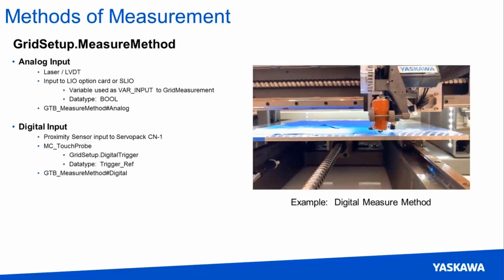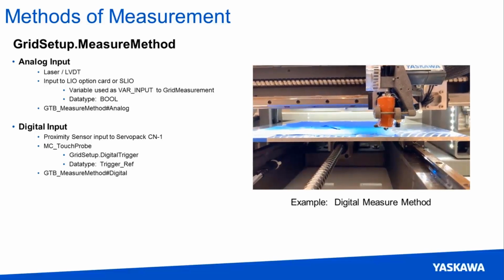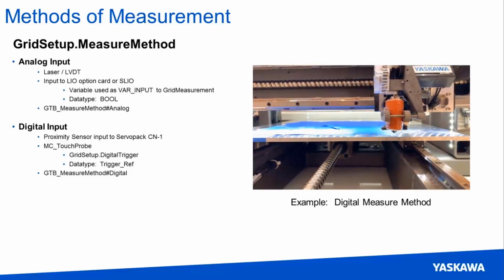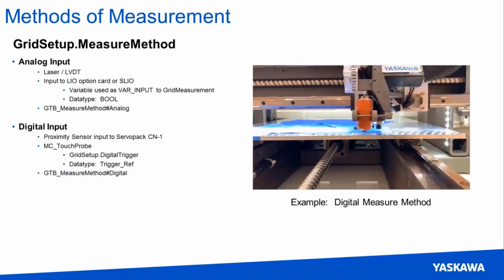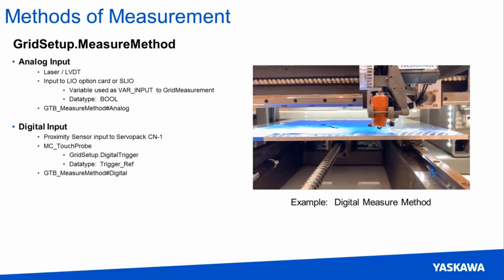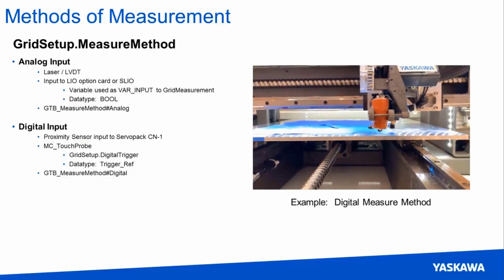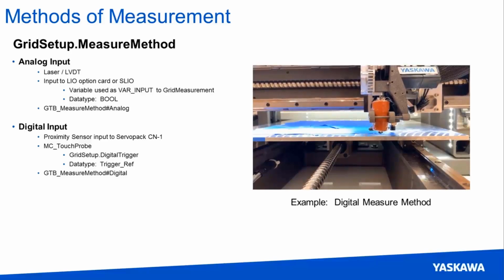The next measure method would be digital input. It's a proximity sensor that must be input to the servo pack CN1 connector. Inside of grid measurement, it will use MC touch probe and wait for the trigger of the sensor, record the position, and move on to the next point. We use grid setup.digital trigger to initialize what sensor or CN1 input we'll be monitoring.